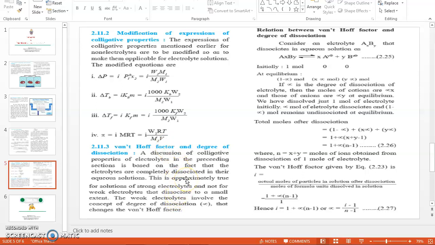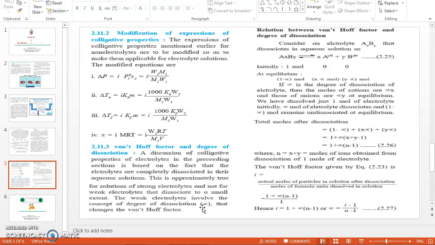We have to find the relationship between the van't Hoff factor i and the degree of dissociation, denoted by the letter alpha. The earlier discussion of the properties of electrolytes is based on the assumption that electrolytes are completely dissociated in the aqueous solution.